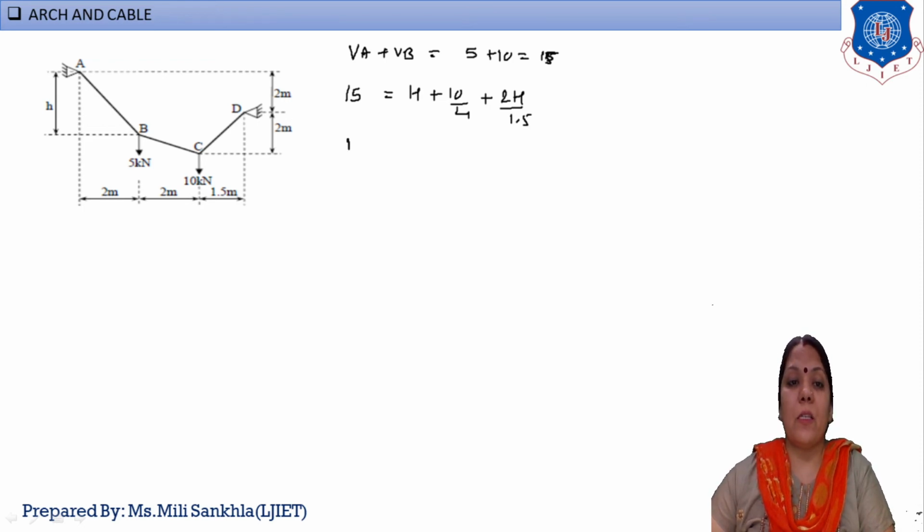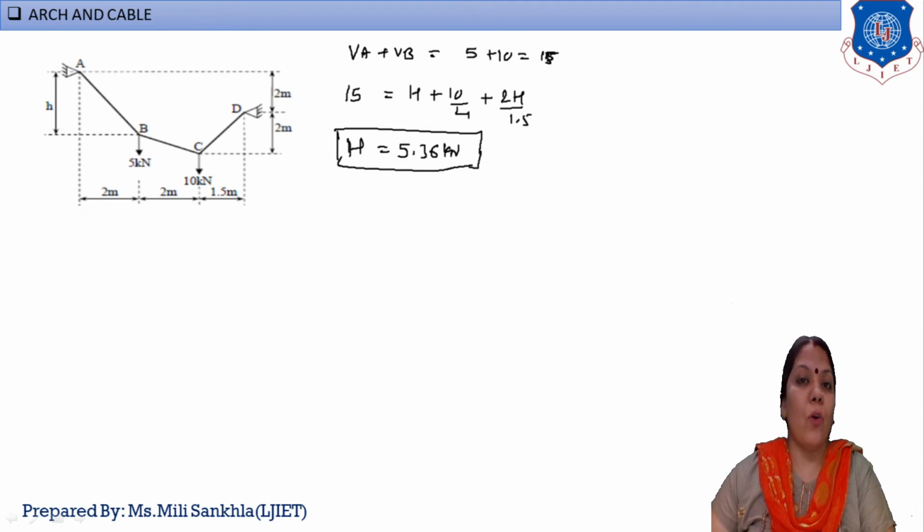After simplification we get horizontal reaction H equal to 5.36 kilonewton. Now one by one we find VA and VB.